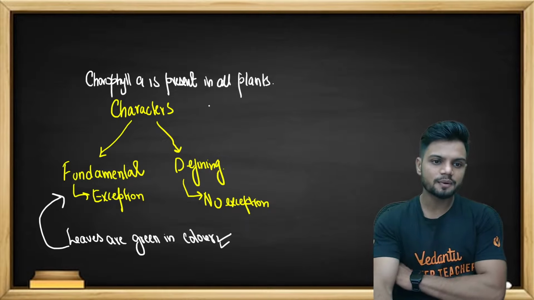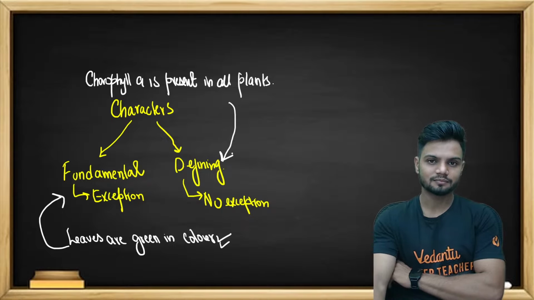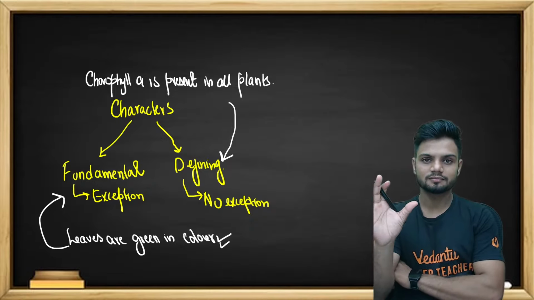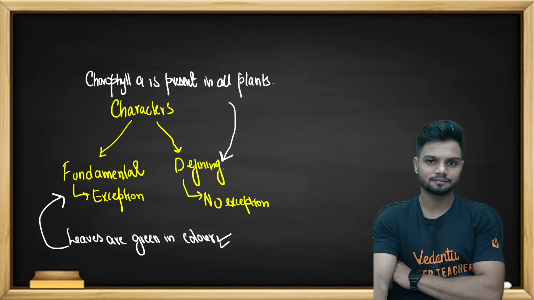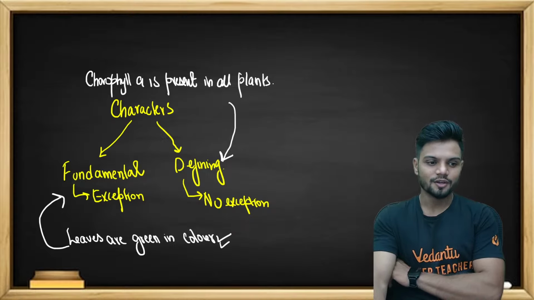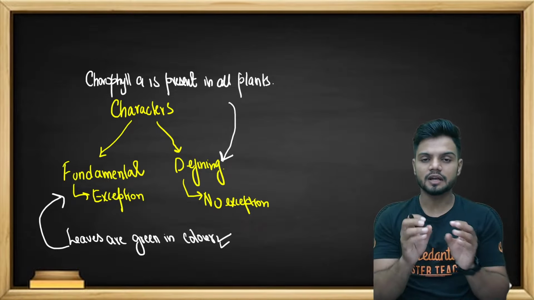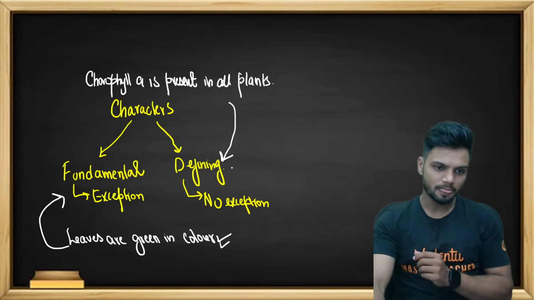So this will become a defining character, because there is no exception to this. If a plant has to be called a plant, it needs to have chlorophyll A. Understood? So if there are any exceptions to a character, it will become fundamental. If there are no exceptions, it will become defining.